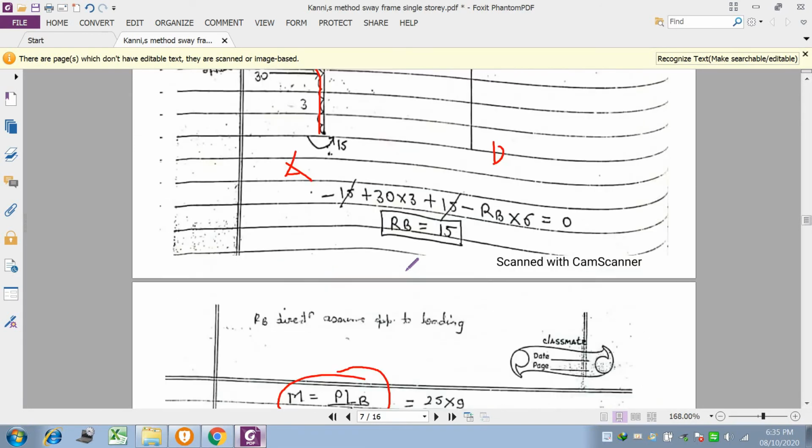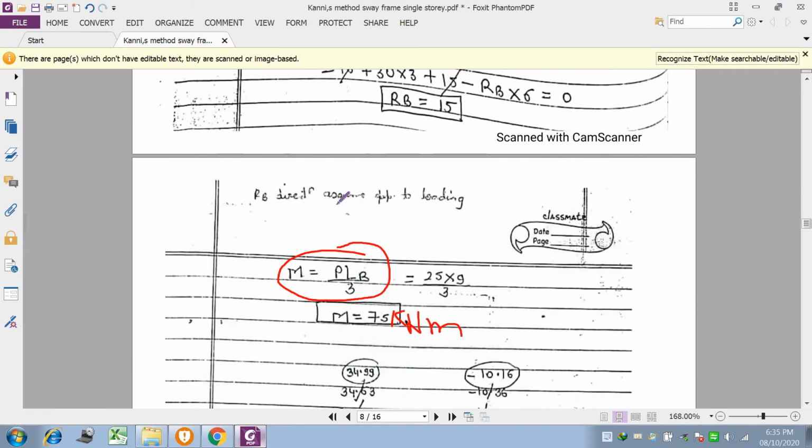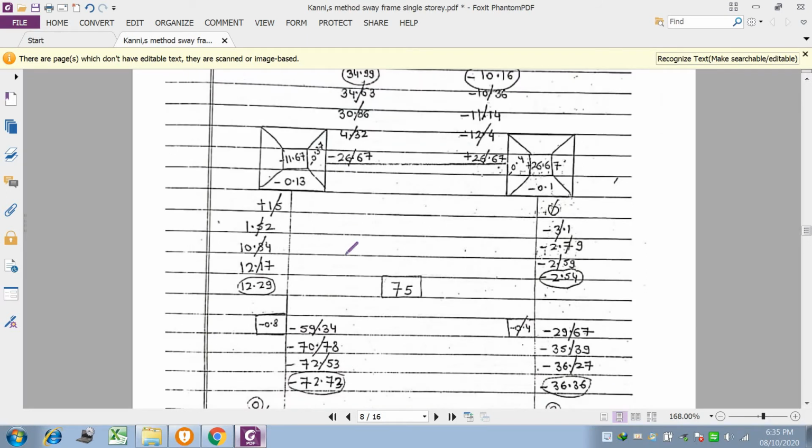If you know the value of the rotation factor, then the value of the displacement factor, all are the same as we already calculated in our last lecture.